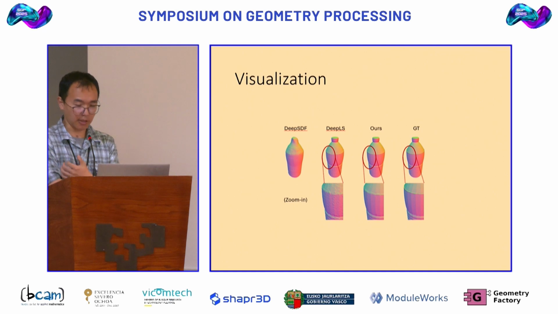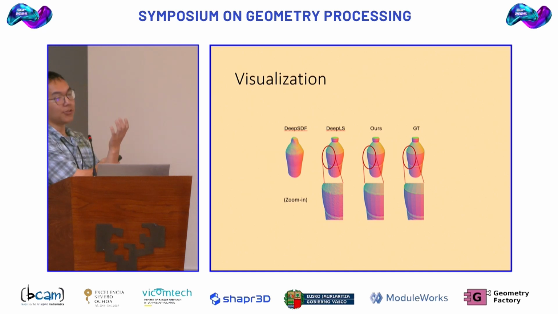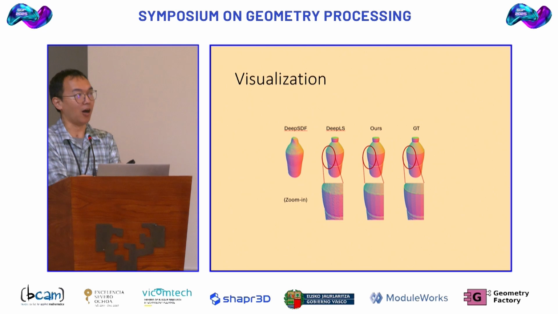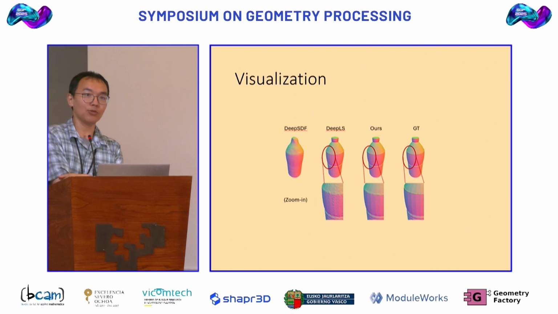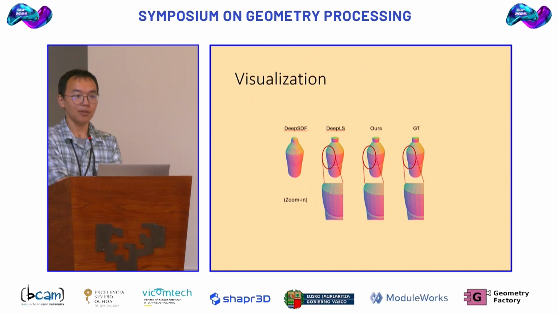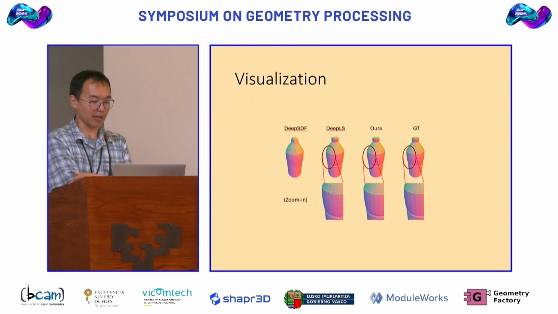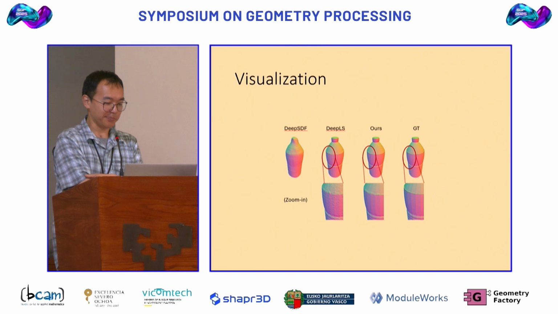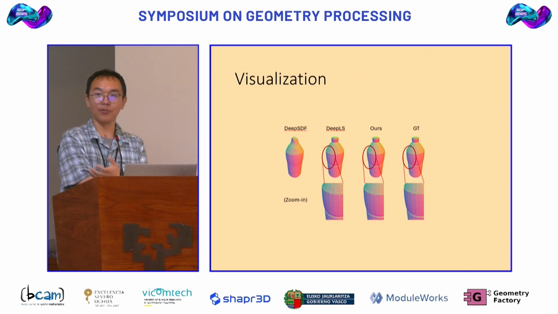To my surprise, I thought a very similar idea should have been developed maybe 1 or 2 years after DeepSDF, but this was published last year at NeurIPS. Very recently. So I do think that the 3D learning community can benefit a lot from you guys.